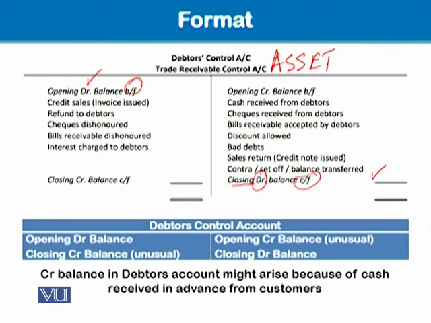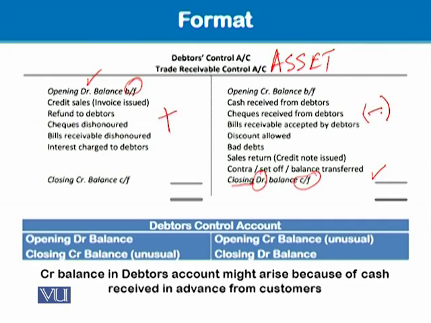This is not new information for us. And now, whatsoever the reason which is causing increase in debtors would be placed in the debit side, and whatsoever the reason which is causing decrease in the debtors control account would be placed in the credit side.